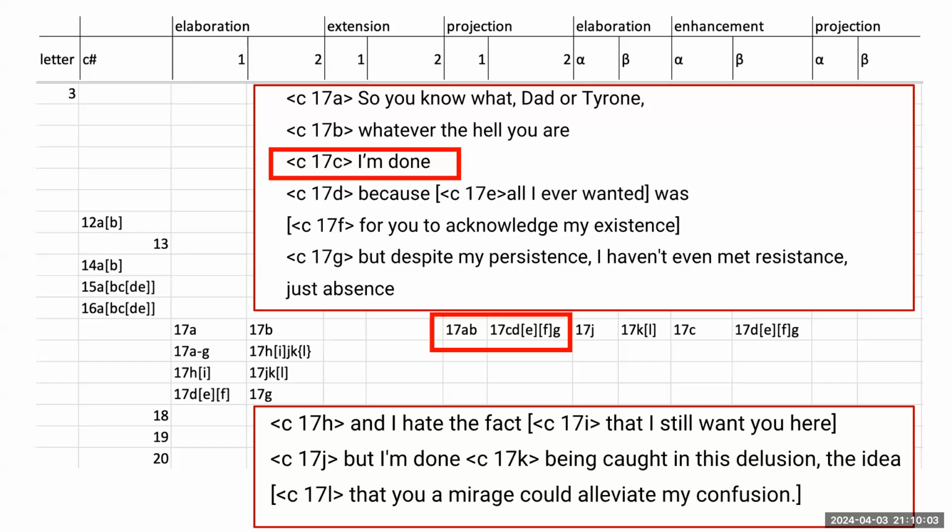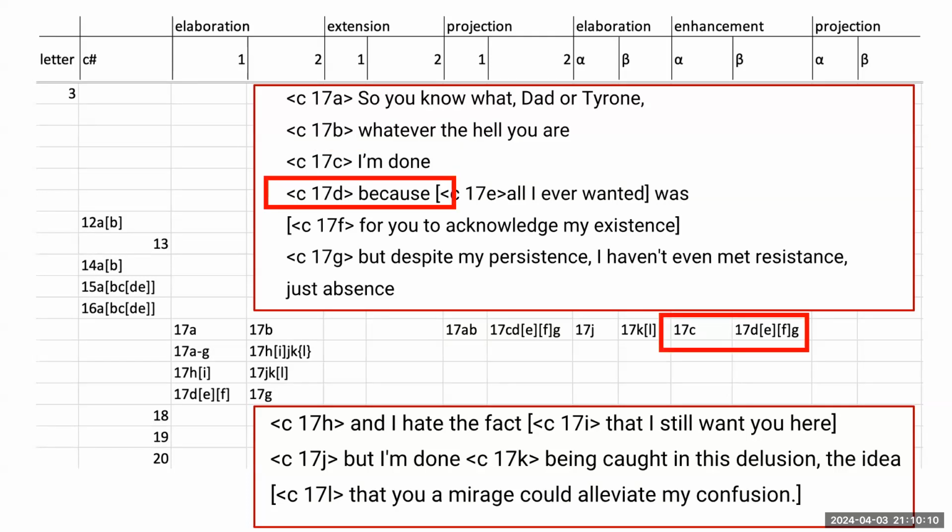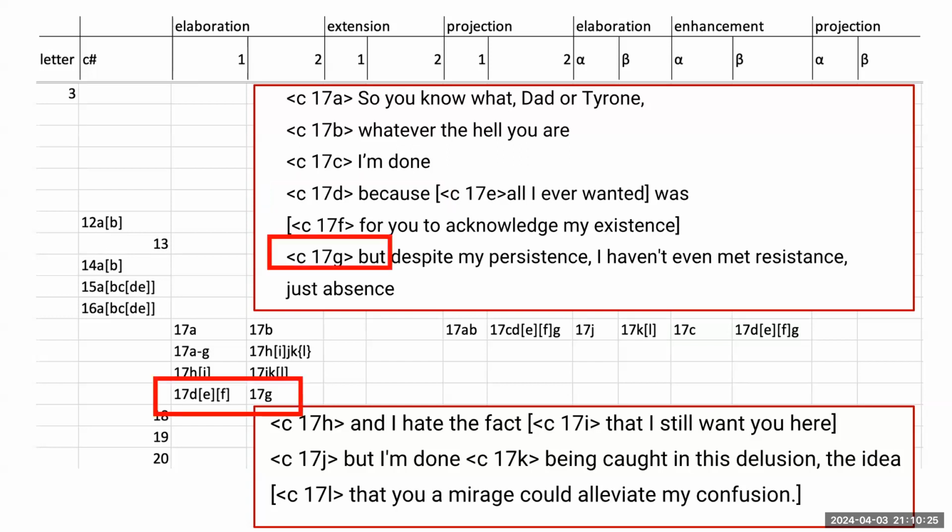And we'll carry on with because, etc., through to the end of this part here. 17C, because all I ever wanted was for you to acknowledge my existence. C, I'm done because, all right. 17G, all of this here, because all I ever wanted was for you to acknowledge my existence, but.